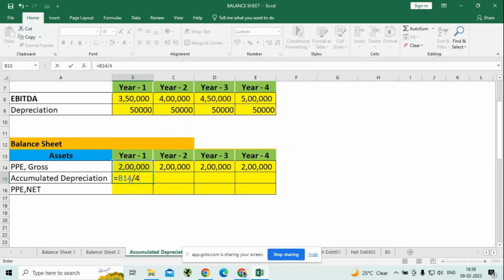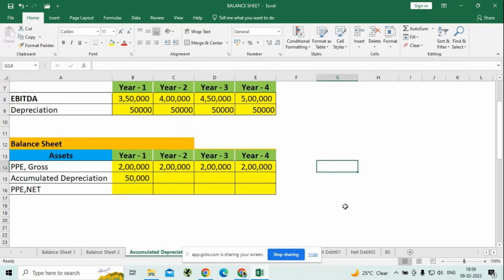So this is year 1. That is 50. So here the PPE stands for... can anyone try, what does PPE mean? Okay, plant, property and equipment.